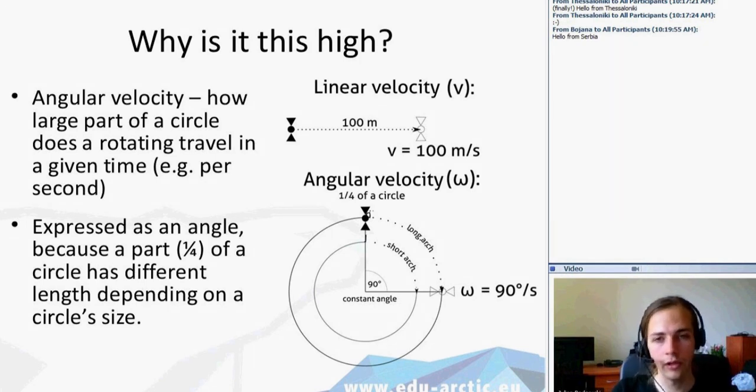That's why the angular velocity is expressed in angles per second. And that's how we can compare satellites or planets that have very different sizes and sizes of their orbits, and still tell which one of them is rotating faster and which one is rotating slower.